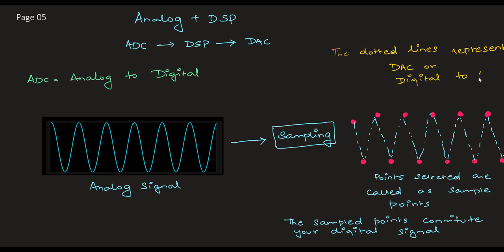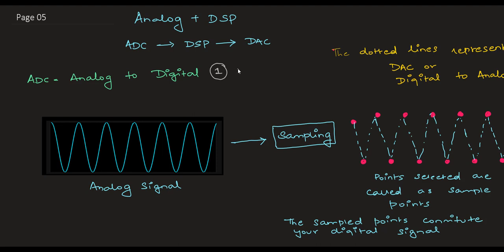The DSP applies some computation algorithm to these points and processes them, and it comes out as the output of the DSP. Then these points are joined together, and that is your DAC. The dotted lines represent the DAC.